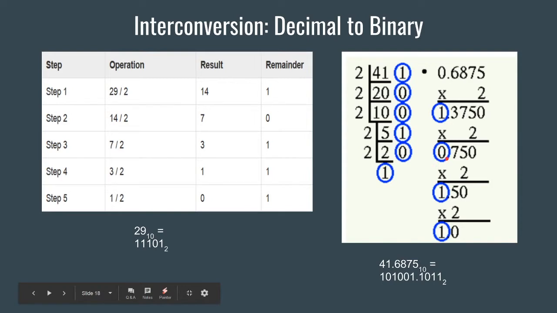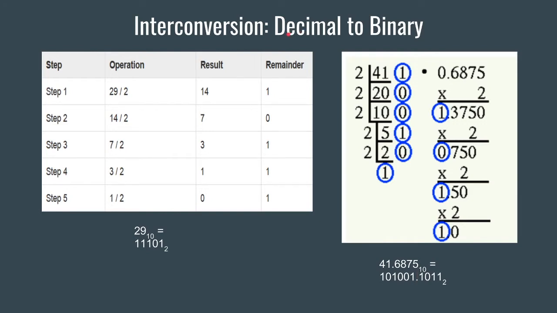In the next one, we'll consider this 0 and write it over here. Then we get a 1, so write it here, and this 1. So basically, for the decimal part, in order to convert this decimal part into binary, we need to consider the top to bottom approach. And to consider this whole number part, you need to take the bottom to top.